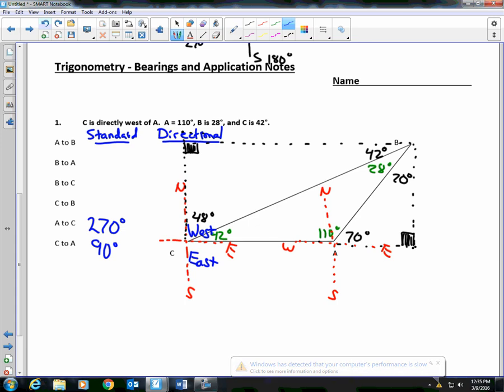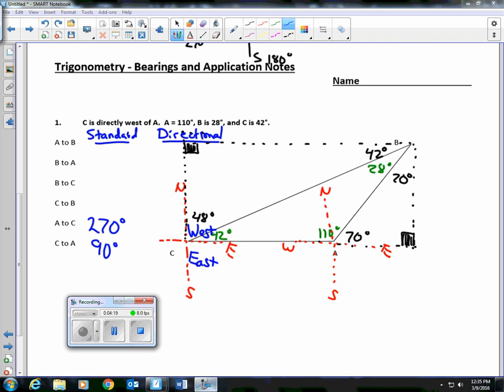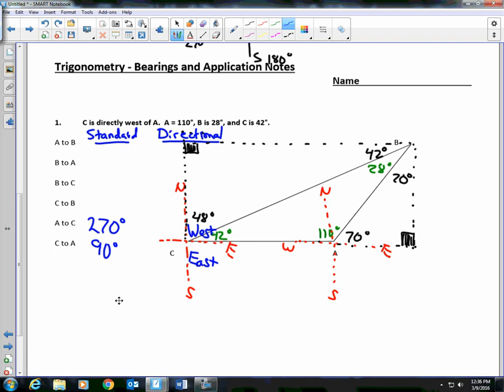If this is 110 degrees, and this much is 90 right here, so if this entire piece is 90, and this much is 70, what's this little bit right here? 20. From north to east is 90, right? That much is 70, so that much must be 20.